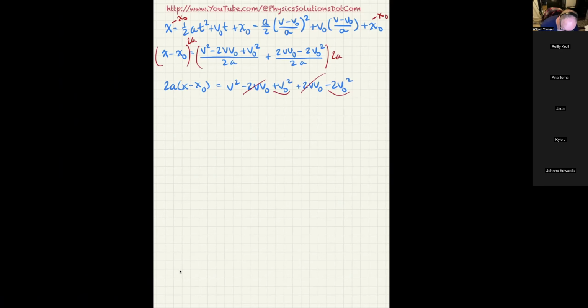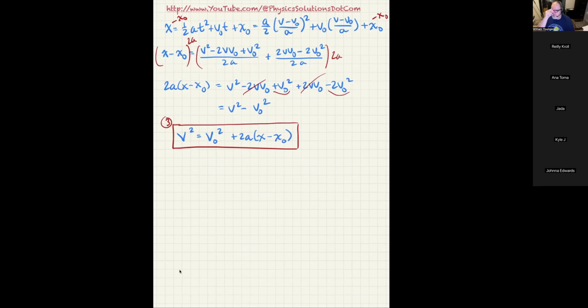Okay, so this result is now v squared minus v0 squared. And the way I normally write this equation is v squared is equal to v0 squared plus 2a times x minus x0, like that. So that's our new kinematic equation. Might refer to it as equation three.